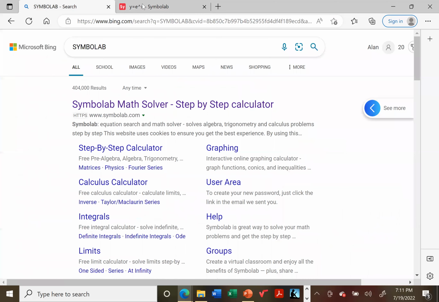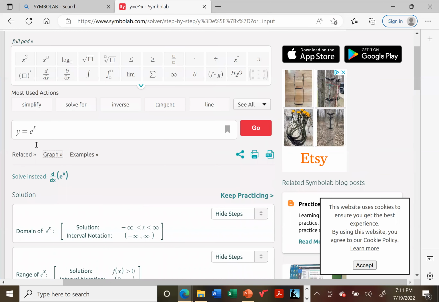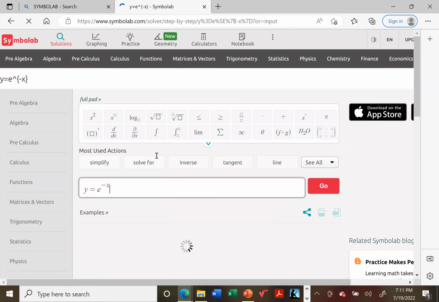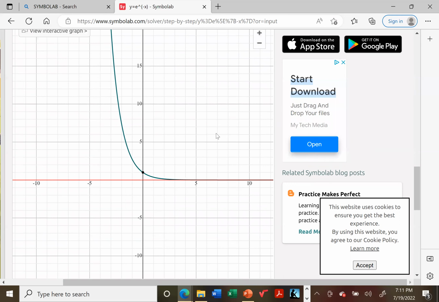Now, on the other hand, if we look at, let's say, y equals e to the minus x, let's try that one. We have just the opposite situation. The graph is falling off very, very quickly. Whatever this variable is, it's falling off very quickly.